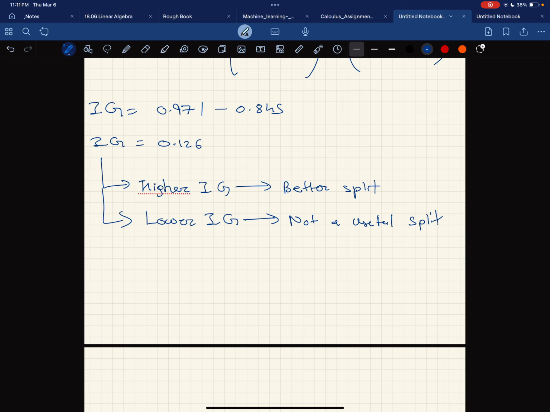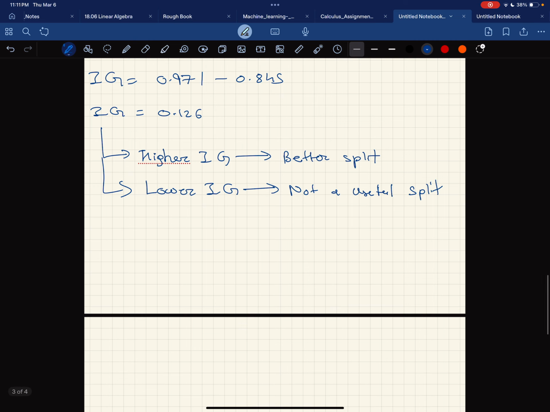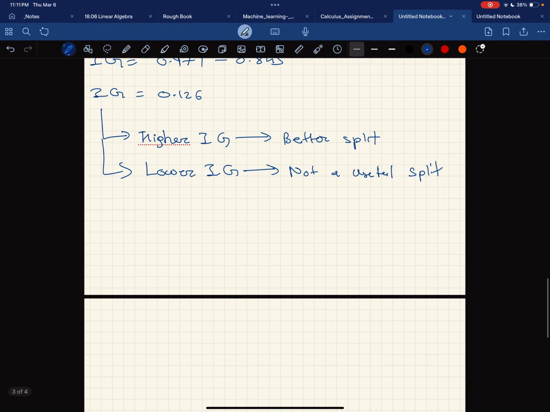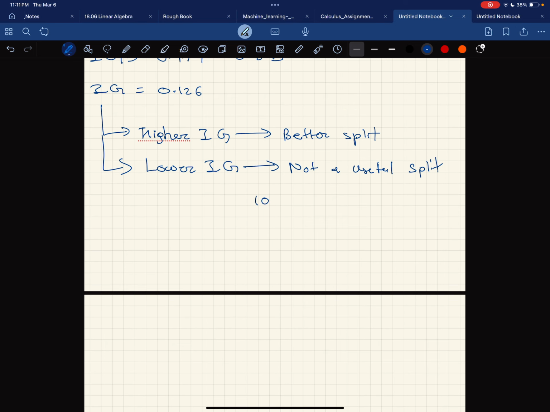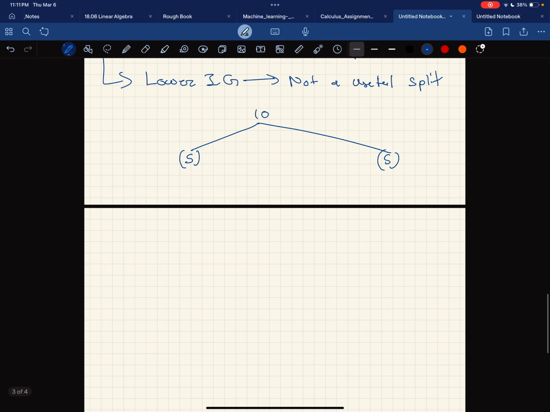Let me give you an example of what a good split would look like. Suppose we had 10 samples where we got 2 children, each containing 5 data samples.